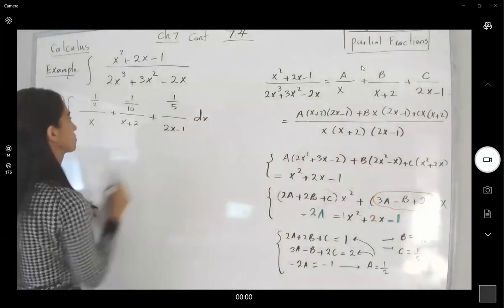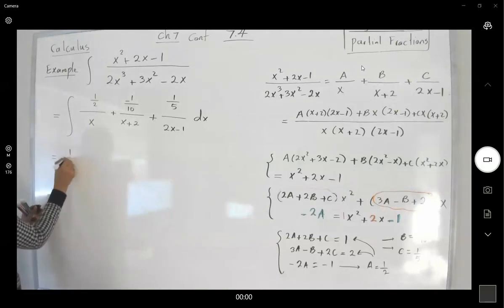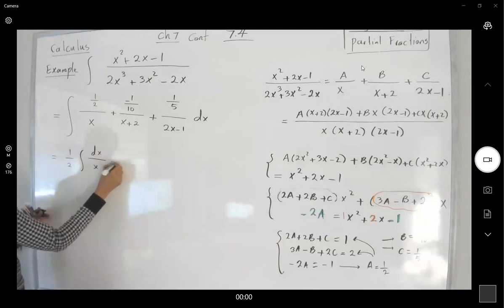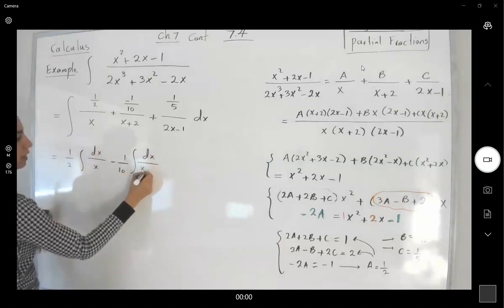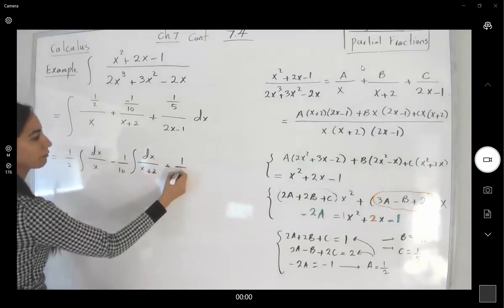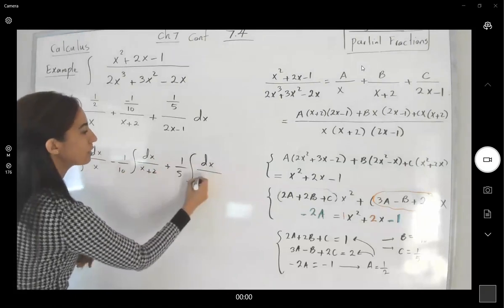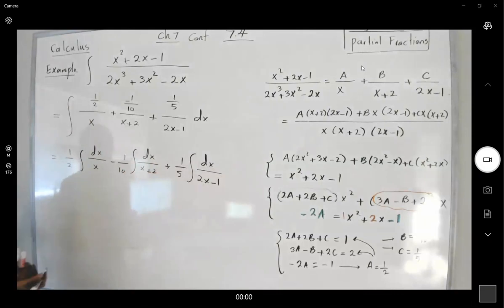dx. We can break down each of these integrals into a half integral of dx over x minus a tenth integral of dx over x plus 2 plus a fifth integral of dx over 2x minus 1. We can easily solve each of these integrals.